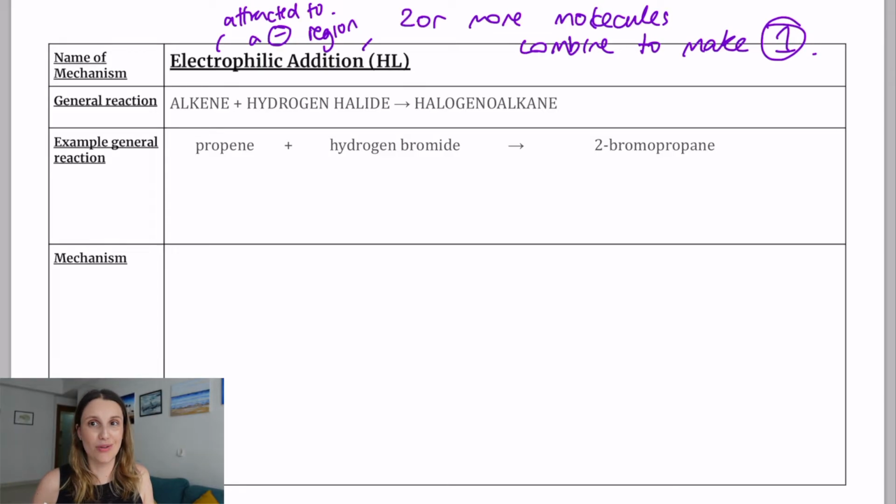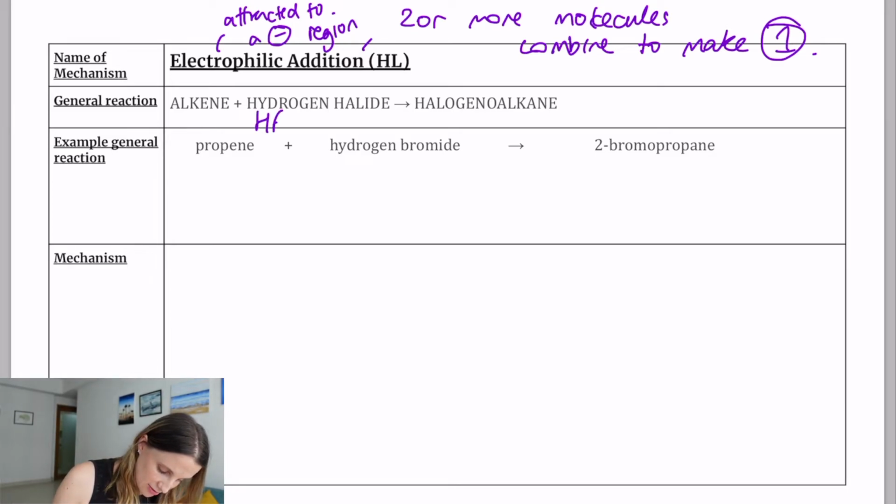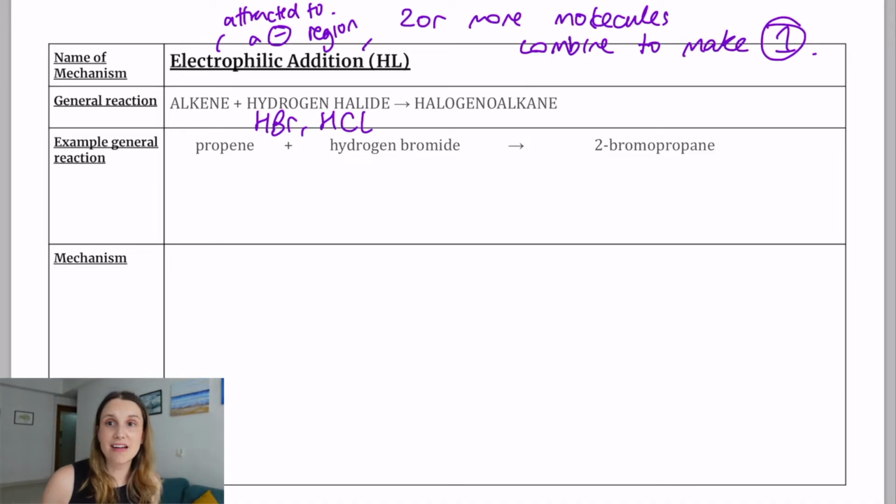It's just that this is the one that's most commonly asked about when you're asked to draw the mechanism. So the hydrogen halide we're going to use today is HBr, but we could equally use HCl. I just steer clear of the Cls because the Cs look like carbons and it's like less clear overall what I'm doing. And they combine together to make the halogenoalkane.